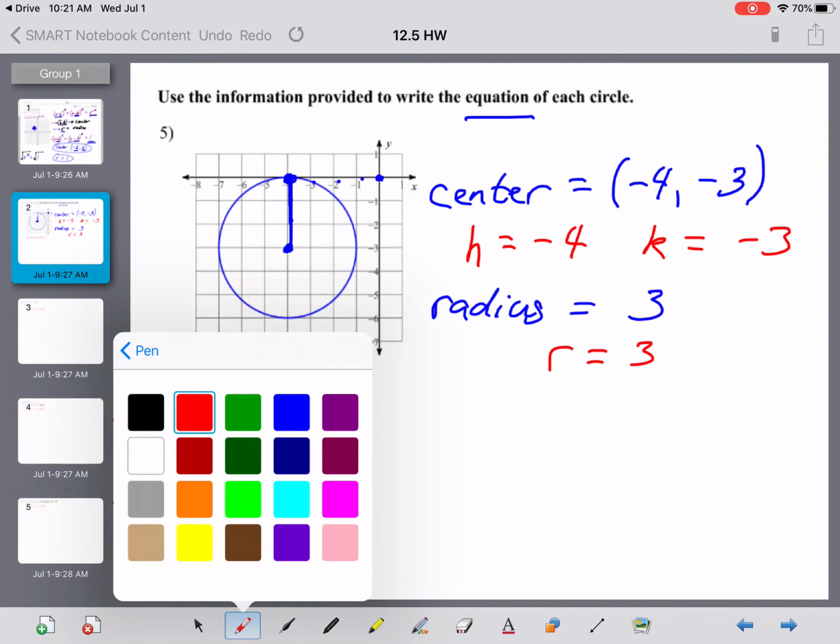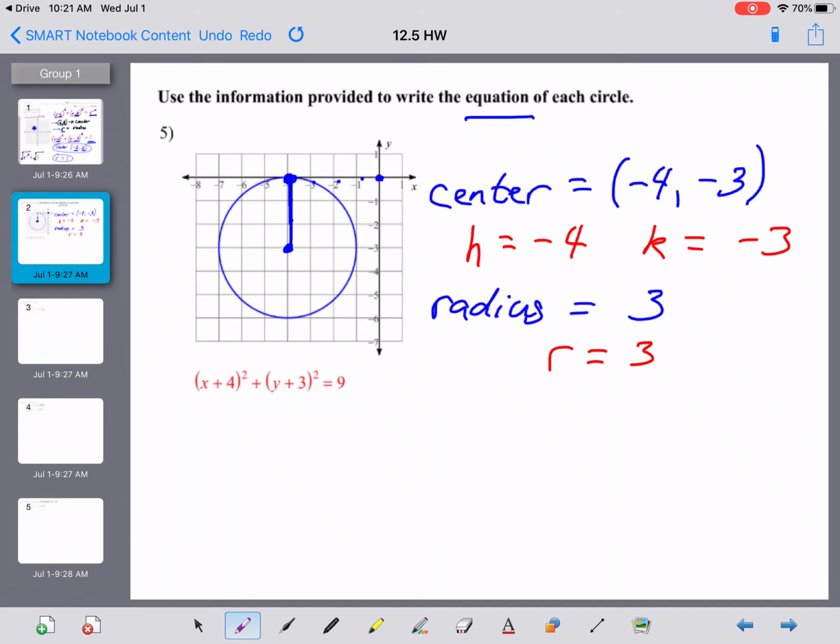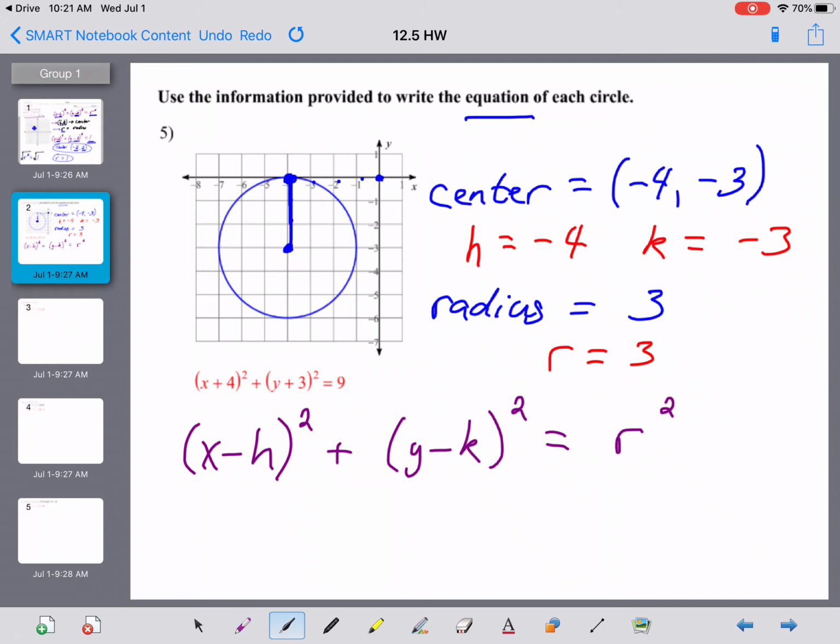So with that in mind, let's go back to the standard form equation of a circle, which is x minus h quantity squared plus y minus k quantity squared is equal to r squared. Now, one concept that some of you probably picked up last year in Algebra 1, and hopefully everybody will get next year in Algebra 2, when you have an equation like this, the x and the y are kind of general variables right there that can be used to represent any ordered pair on the graph.